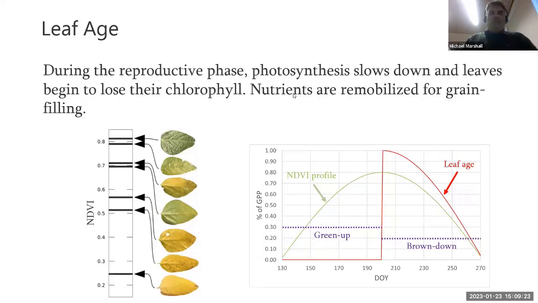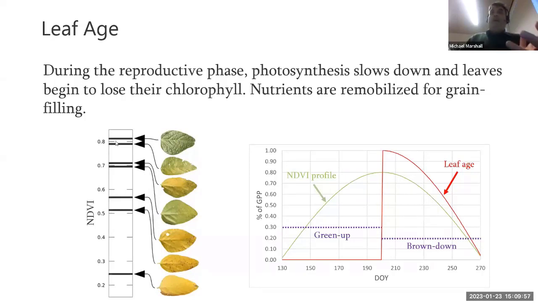Okay, so leaf age. This is another constraint on photosynthesis. So you can imagine during the reproductive phase, photosynthesis slows down and the leaves begin to lose their chlorophyll. And because of that, they're not absorbing as much light. And you can see here, different vegetation indices can assess this. This is just a diagram here on the left for NDVI. So NDVI, when it's very high, that tends to mean the leaves are green, photosynthesizing, happy, producing biomass.